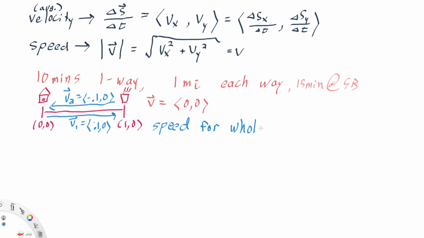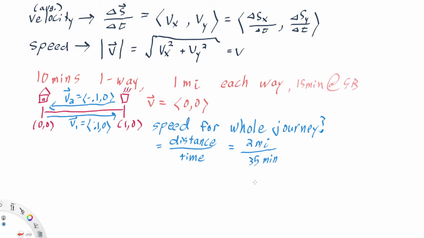The velocity is going to be the displacement over the time, but the speed is going to be the distance over the whole time. And in total, you jogged 2 miles, and it took you 10 minutes on the way there, 10 minutes on the way back, and 15 minutes at Starbucks. So in all, it took you 35 minutes. So whatever 2 over 35 is, that's your average speed.